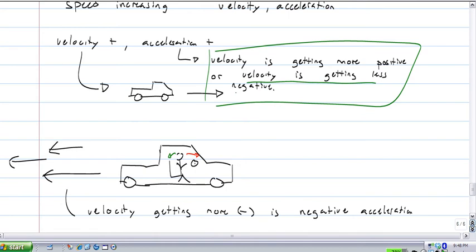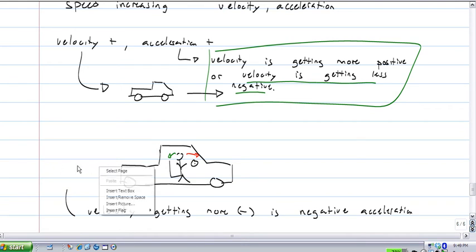So it's negative, but it's getting less negative. So if you're in your car and your velocity is negative but getting less negative, you're going backwards, you're in reverse.